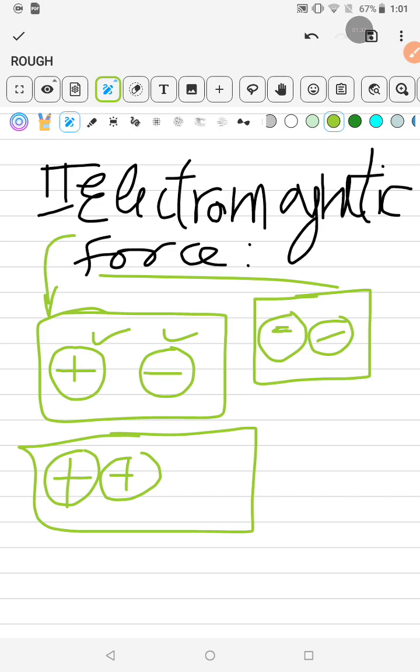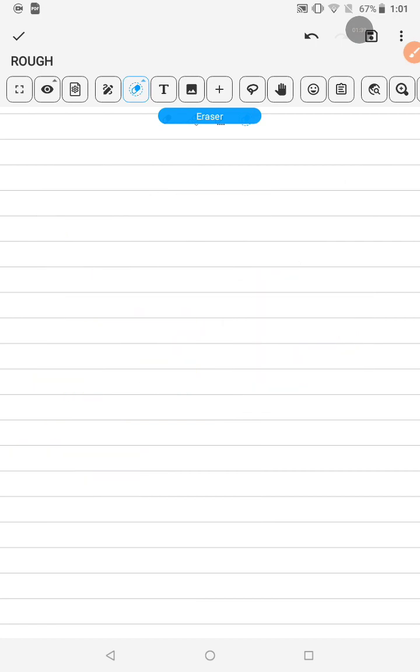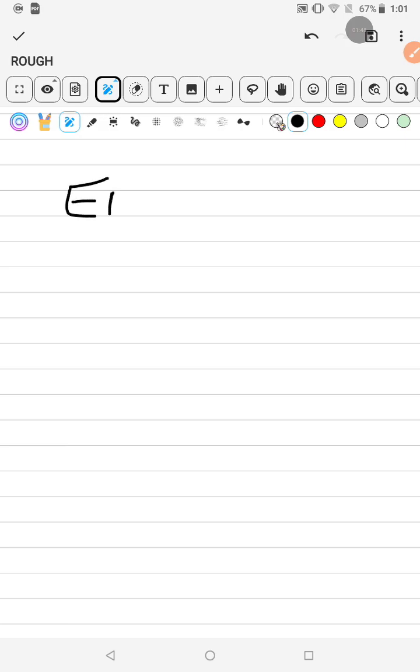Now there are types of electromagnetic forces. I'm going to use the abbreviation EM for electromagnetic, so please note it down. Electromagnetic forces are of mainly 4 types. First of all, not types, but these are some examples.